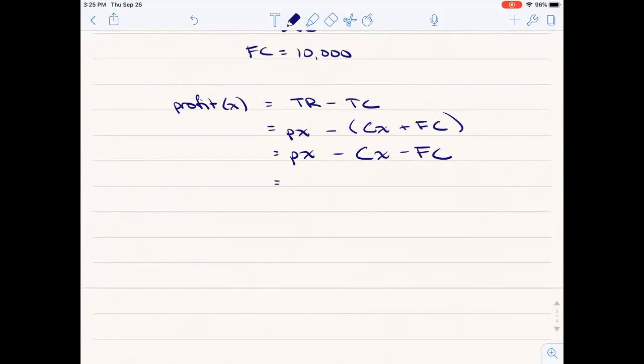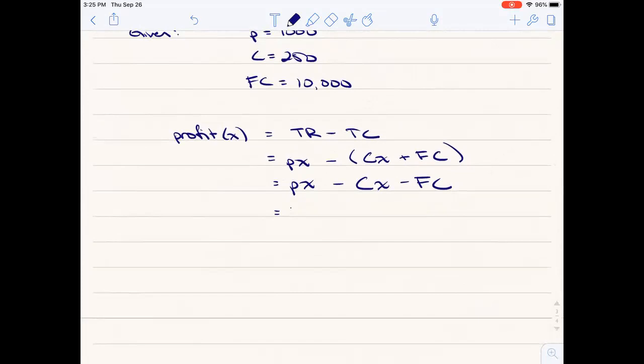Okay. So that's X times P minus C minus the fixed cost. Sometimes it's helpful to pull out the common X's, sometimes it's not as helpful. It just depends on what you're looking for. In this case, it's going to be pretty helpful because we know P, we know C, and we know the fixed costs.